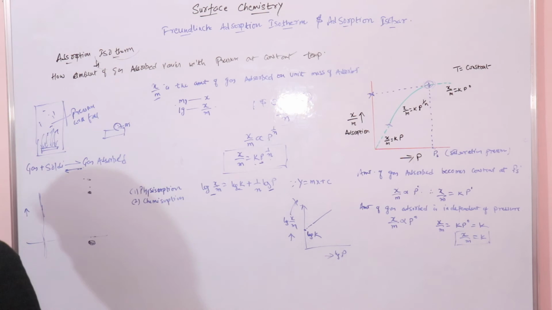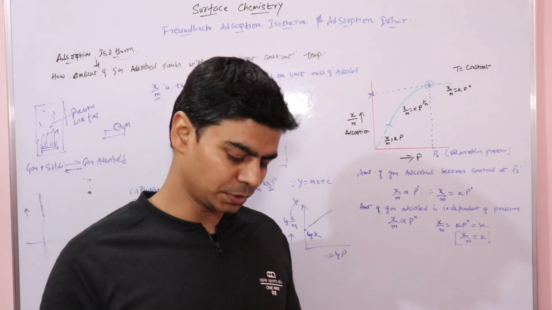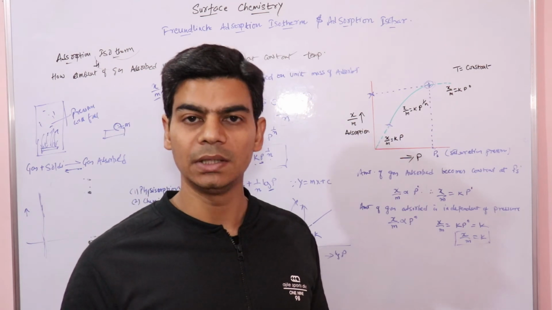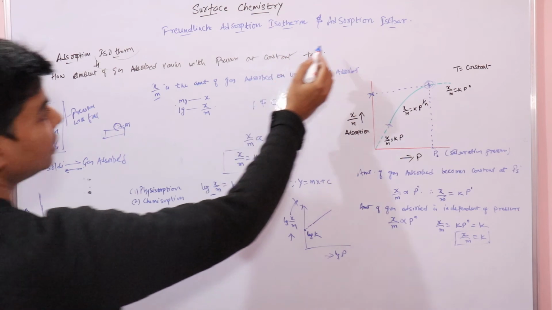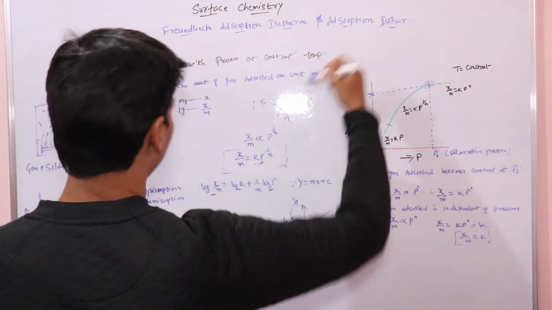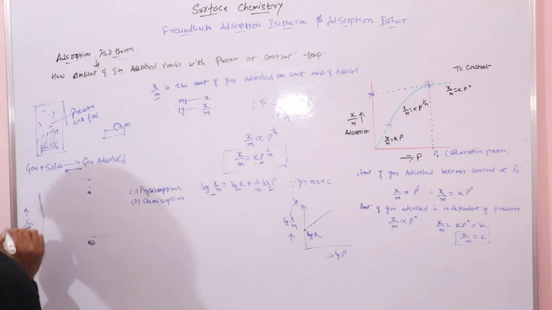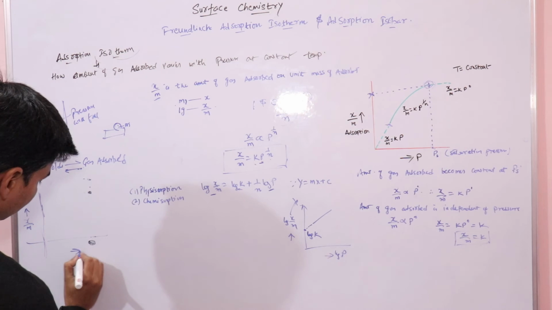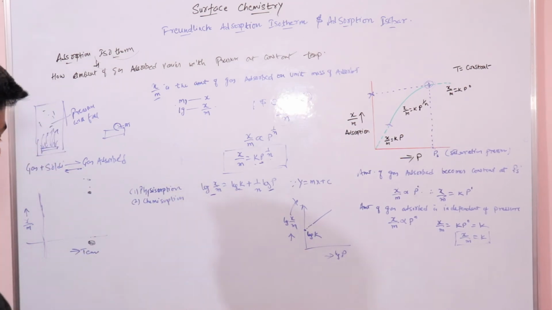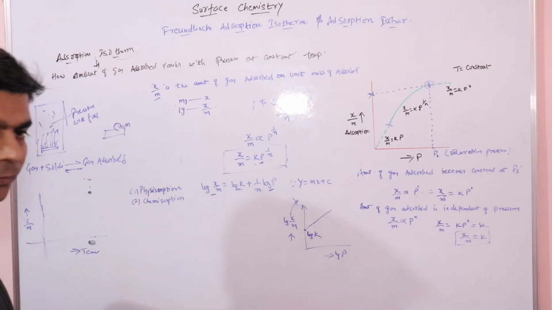We discussed before that adsorption decreases with increase in temperature. Here in isobar, pressure will remain constant. This will show us how the amount of gas adsorbed varies with temperature. First we'll see the graph for physisorption.